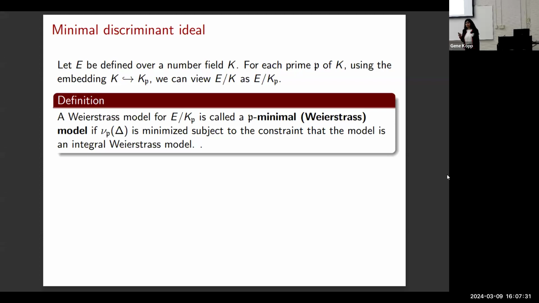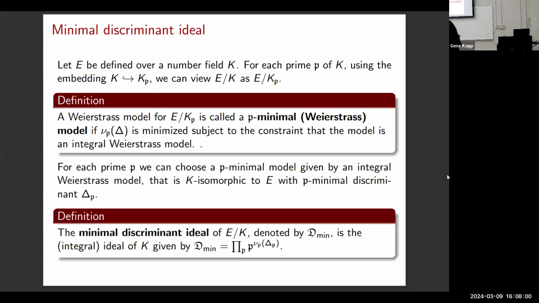We view the same equation of the elliptic curve over that completion, and we call it a p-minimal model if the p-adic valuation of this delta, the discriminant of the elliptic curve, is minimal. Even if this minimal curve is not unique, the valuation is unique, and it's called the minimal valuation at that prime.